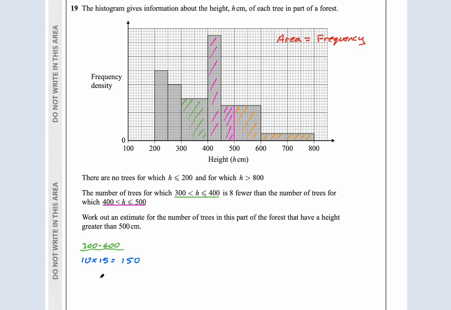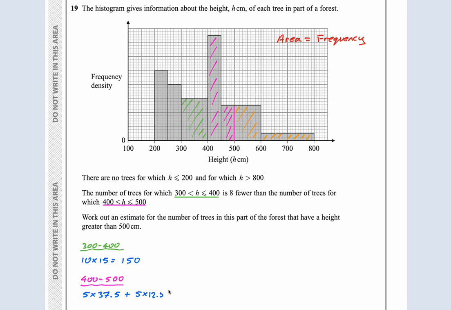And then let's look at the pink area. The pink area, which is 400 to 500. Hang on, 400 to 500. This is 5 times 5, 10, 15, 20, 25, 30, 35, 36, 37.5. So it's 5 times 37.5 plus this bit, which is 5 times 5, 10, 11, 12, 12.5. 5 times 12.5.